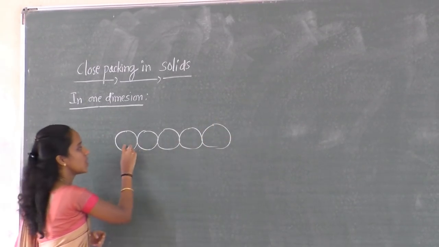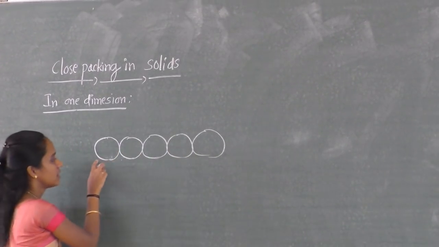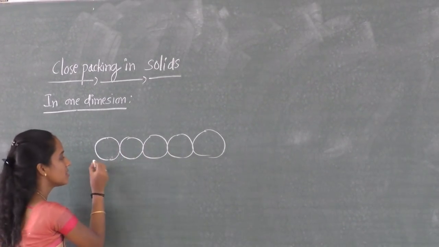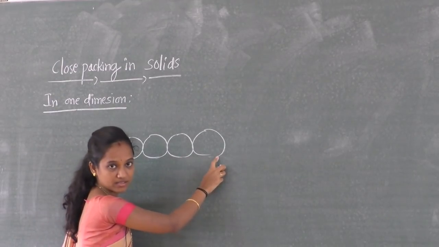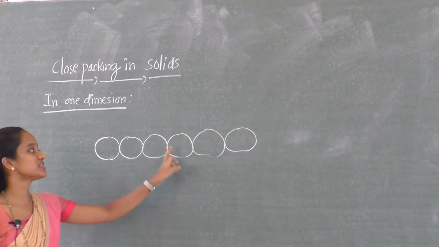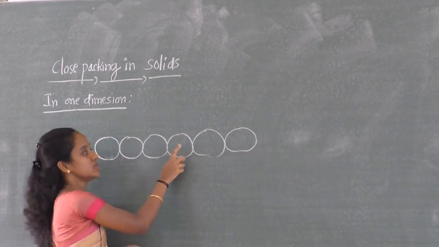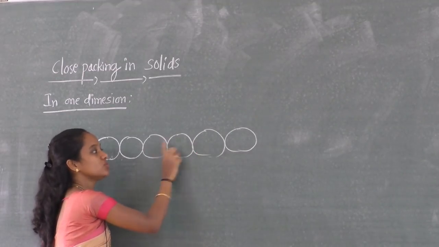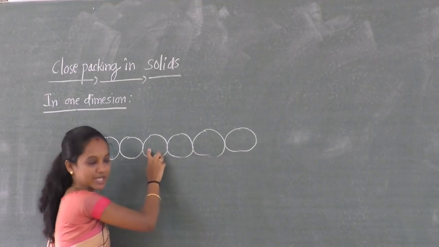So these are the constituent particles in solids. They are arranged in one dimension along only one axis. You can see here, if you consider any particle at the center, it will be in contact with two of its neighboring particles. Clear? It touches two spheres.